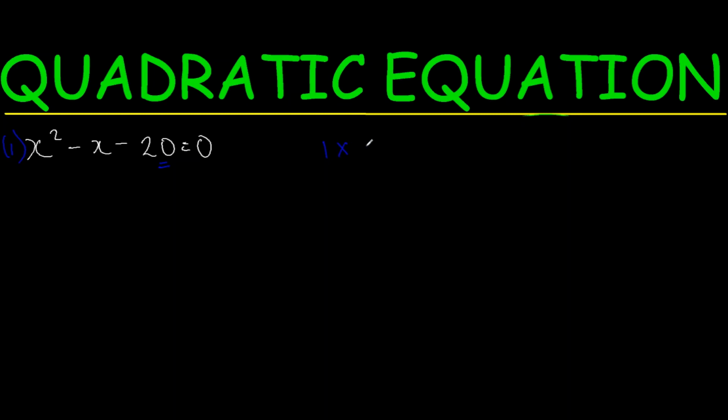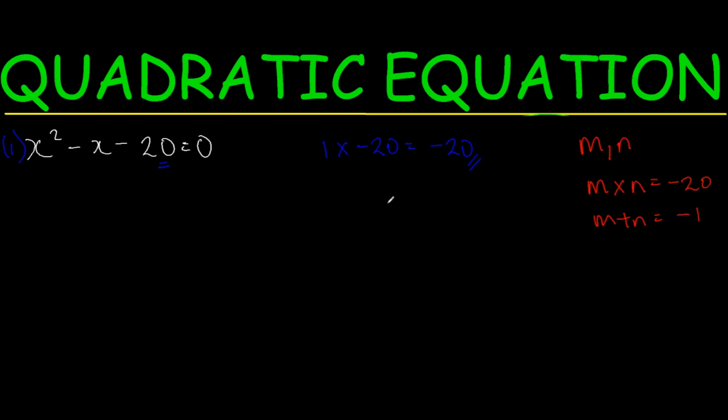So 1 times minus 20 is equal to minus 20. Next, we have to look for two numbers m and n such that m multiplied by n is equal to minus 20, and m plus n is equal to our coefficient of x here, minus 1.